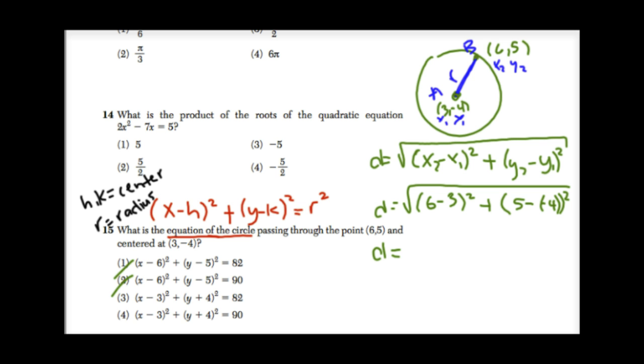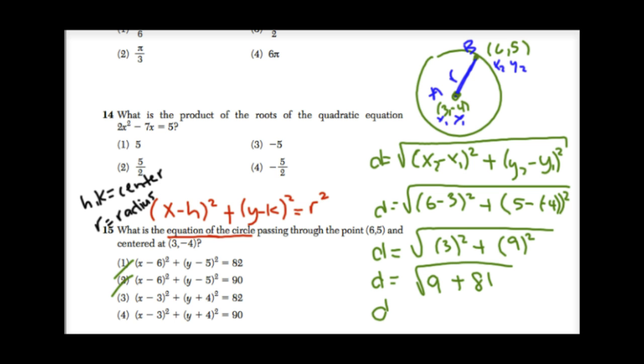So this becomes square root of 3 squared plus 9 squared. 3 squared is 9 and 9 squared is 81. So this becomes the square root of 90. So the distance between AB is square root of 90.